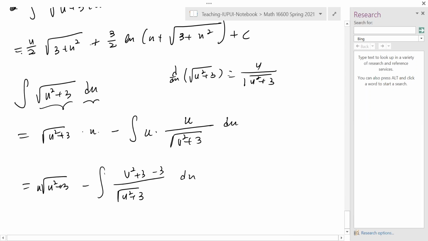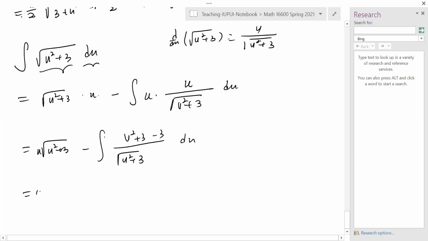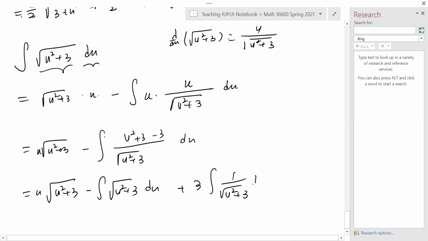So the square root of u squared plus 3 du, the same as before, and then plus 3 times the integral of 1 over the square root of u squared plus 3. And then you still have to find out the value of this integral. If you're not able to evaluate this integral, then you're in trouble.